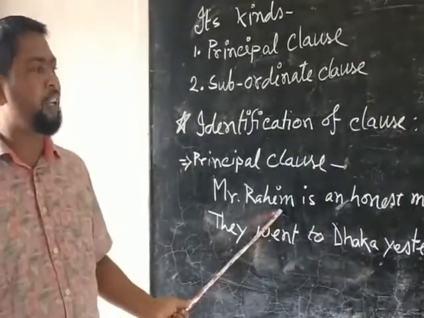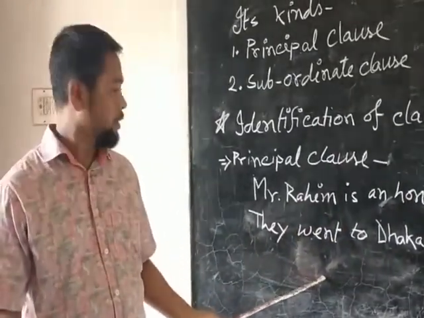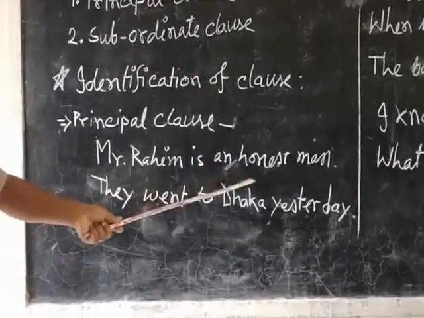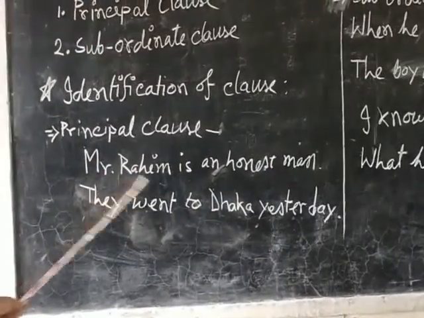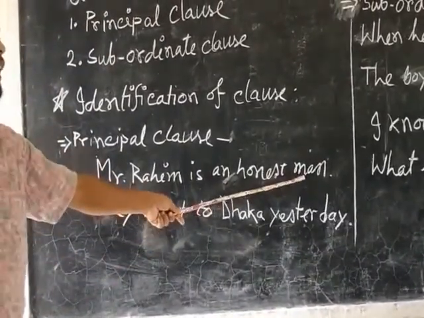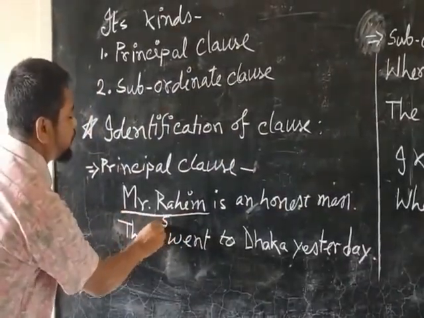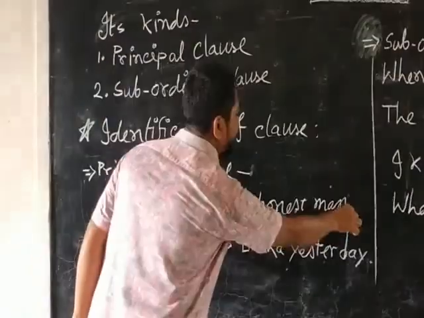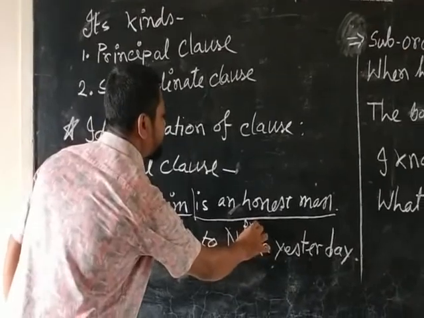So by this sentence we can clear this meaning: Mr. Rahim is an honest man. Mr. Rahim is the subject; is an honest man is the predicate.